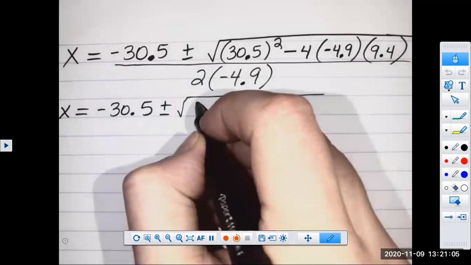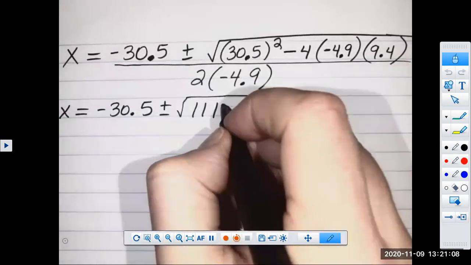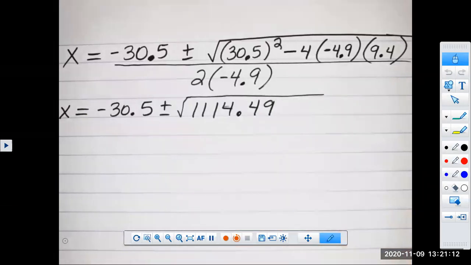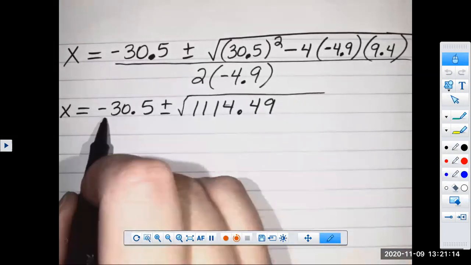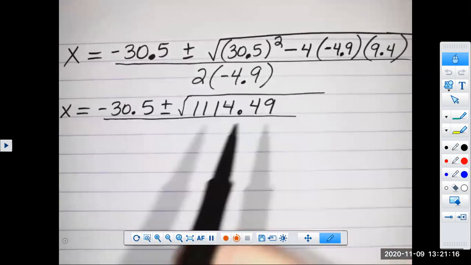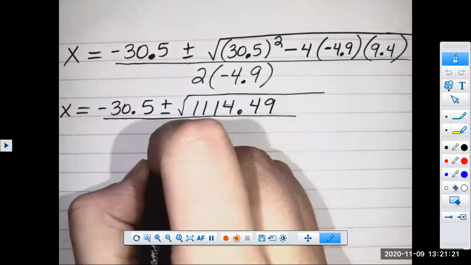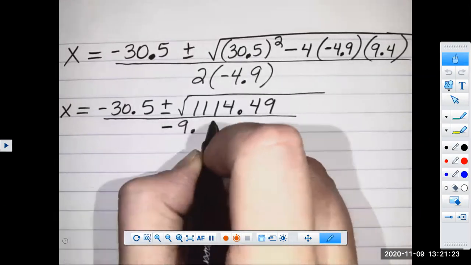Okay, when you type all of that in, you should get 1114.49. On the bottom, you'll get negative 9.8.